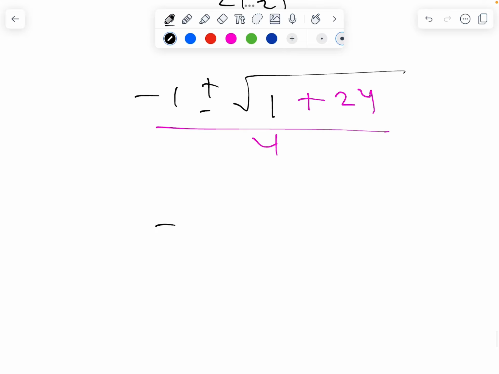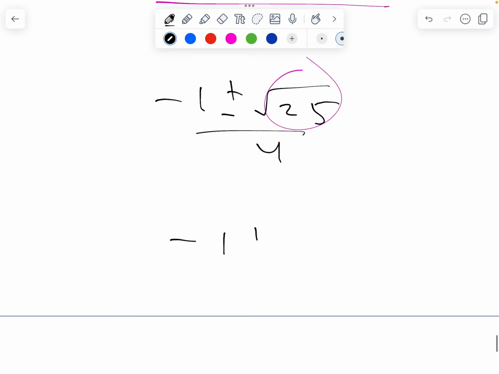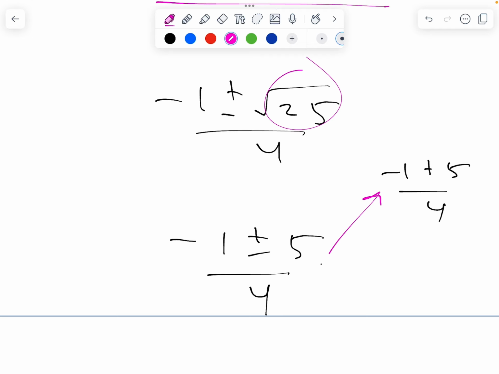Okay, cleaning that up. Negative 1 plus or minus the square root of 25. Now the square root of 25, we can actually take. The square root of 25 is 5. And now at this point, we're going to break it into 2 different branches. This is going to become negative 1 plus 5 over 4. And this other branch is going to become negative 1 minus 5 over 4.